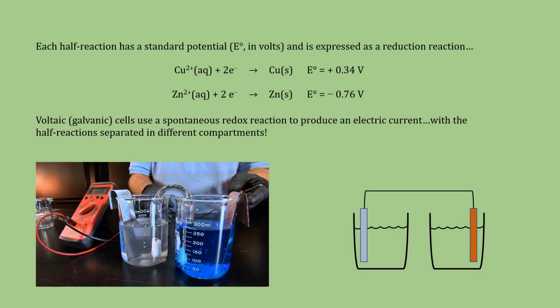Let's take a closer look at this. I have 2 compartments, a compartment on the left and a compartment on the right. On the left, I have my zinc electrode. On the right, I have my copper electrode. Each electrode is immersed in a 1 molar solution of each of the 2 metals.